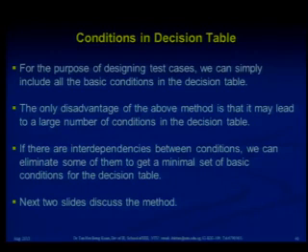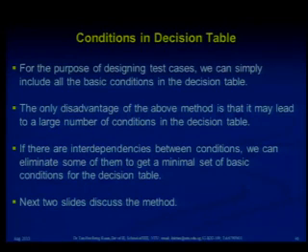But your decision table may be quite big for some cases, especially for complex cases. That means the general method, listing down all the basic conditions extracted from the specification and simply including them in the decision table, is fine. It will work for all cases.